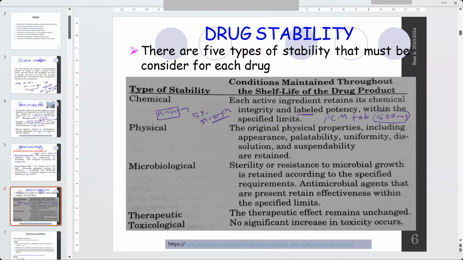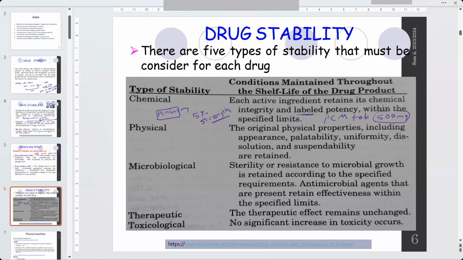Physical stability: I want the original physical properties, including appearance, so the color doesn't change. Palatability, the taste doesn't change. Uniformity, okay? Uniformity of the shape, the dose, the weight. I want the dissolution to stay the same, the ability of the active ingredient to dissolve once you put it in the solution medium.